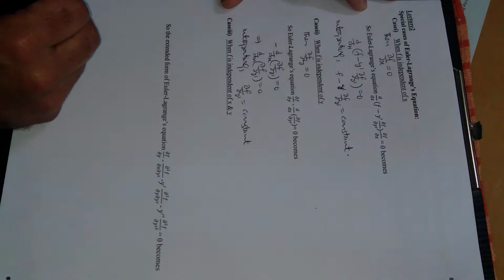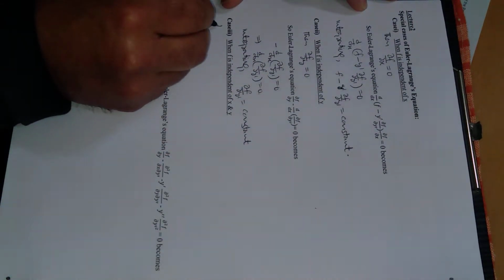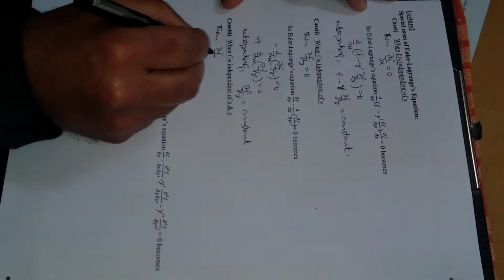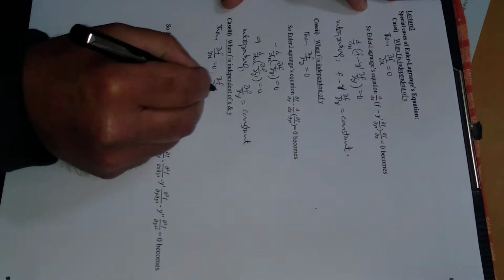Case 3: when f is independent of both x and y, the partial derivative of f with respect to x will be 0, and the partial derivative of f with respect to y will be equal to 0.